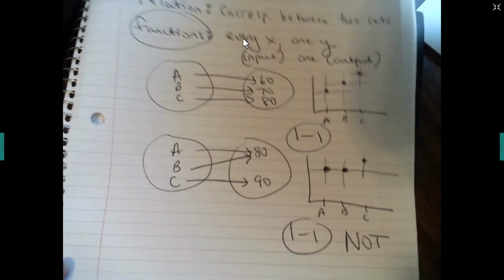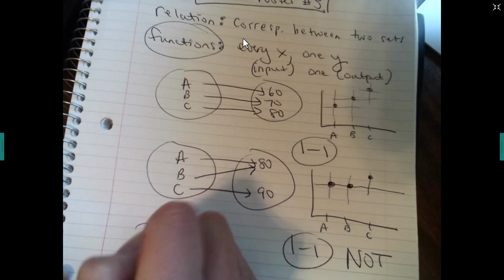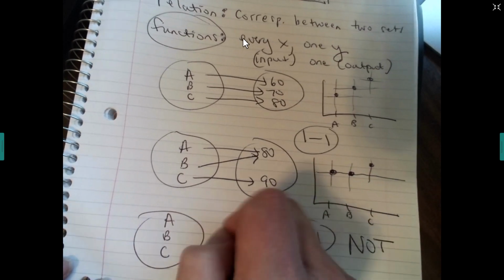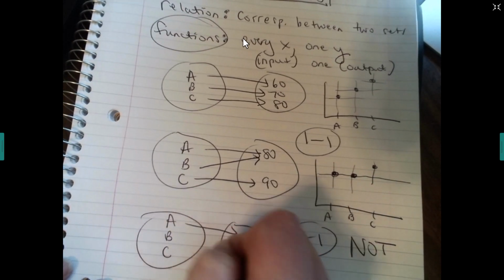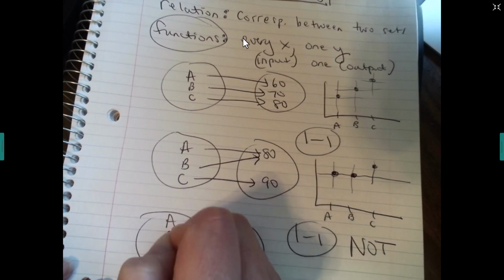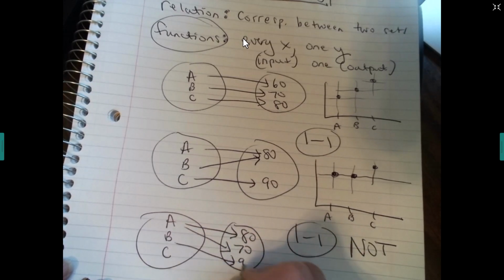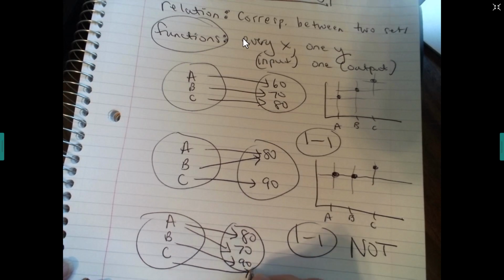Okay, so let's look again. Say I have A, B, and C again. Those are my students. And say that I have an 80 and a 70 for her or him, whoever it is, 90, and C is 100.